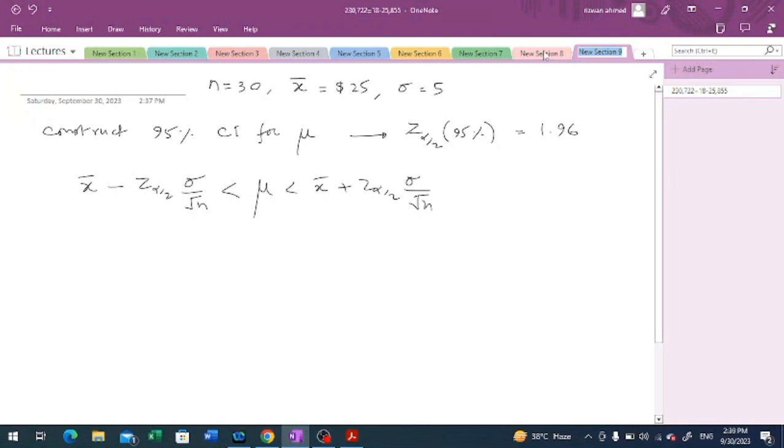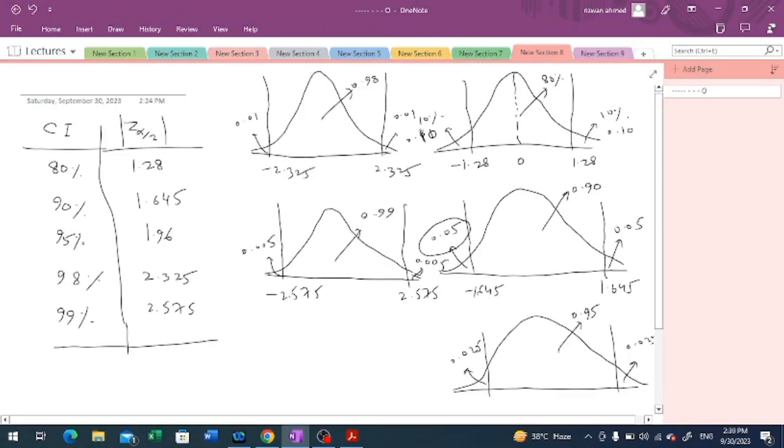Just have a look at it again. From this table, the value we have chosen for 95% CI is 1.96.